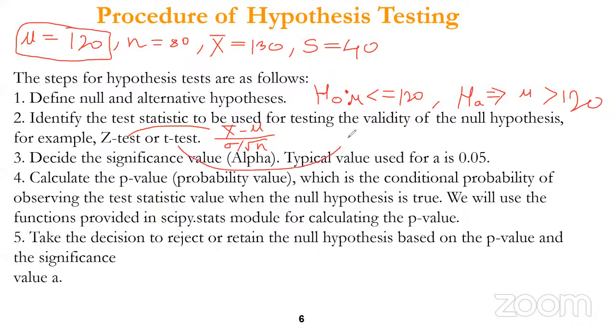And for t-test, we have the formula as x bar minus mu divided by s over square root of n. Okay, so z-test: x bar minus mu divided by sigma over square root of n, and t-test: x bar minus mu divided by s over square root of n. So in this case, s is nothing but the sample standard deviation.